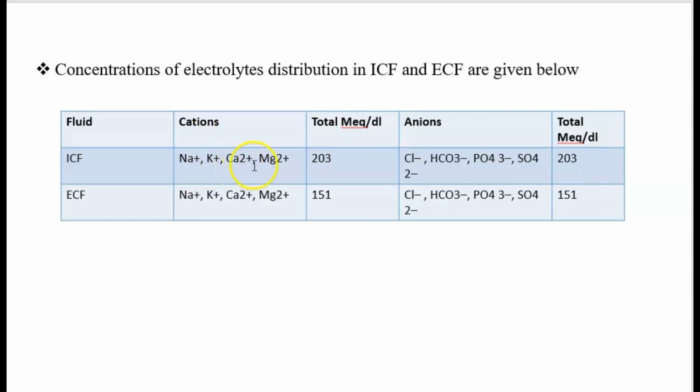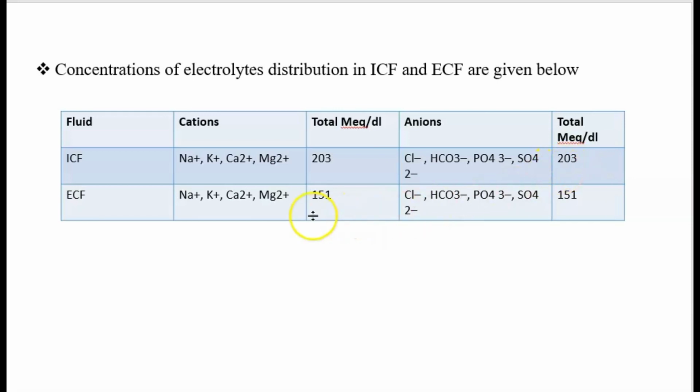Sodium, potassium, calcium, magnesium, and they are what? 203 milligram per dl. Chlorine, hydrogen carbonate, phosphate, and sulfate with the same number of 205.